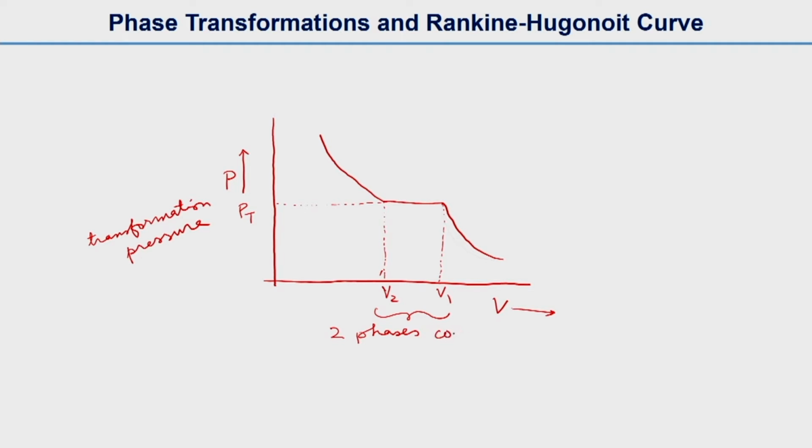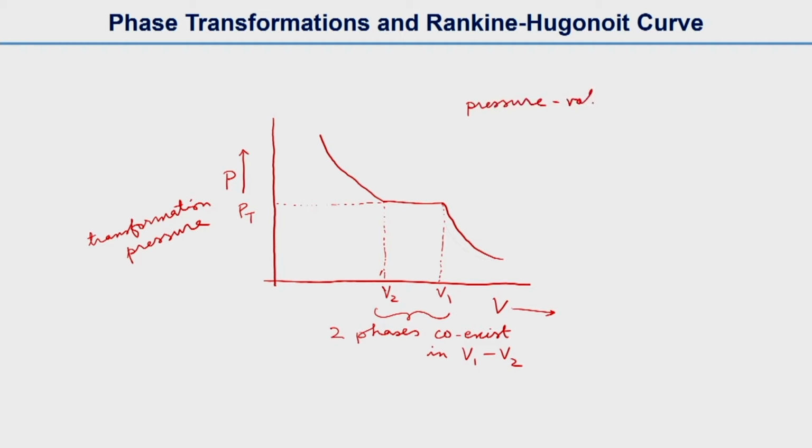So two phases will coexist in this range of volume. So this is a pressure volume isotherm.